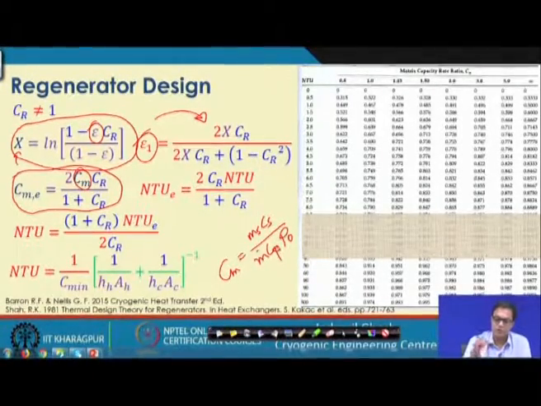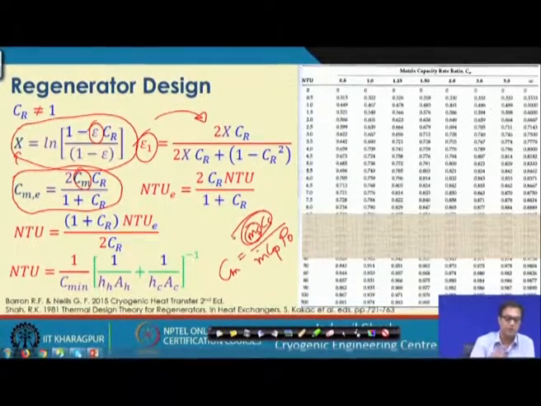This Ms Cs, we do not have any idea about the amount of mass that is going to be there inside the regenerator. So, at this point we have to make an assumption of this regenerator matrix Cm effectiveness. Based on that, now we have epsilon 1 and Cme.